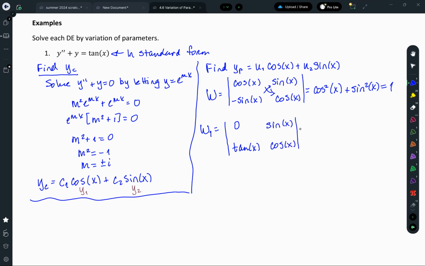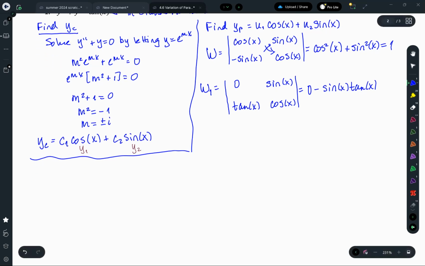When I take my determinant, this gives me back 0 minus sine of x tangent of x. Okay, I can rewrite that if I need to, but I'm going to worry about it in a little bit when I have to integrate. I'll just go ahead and leave it this way for now.